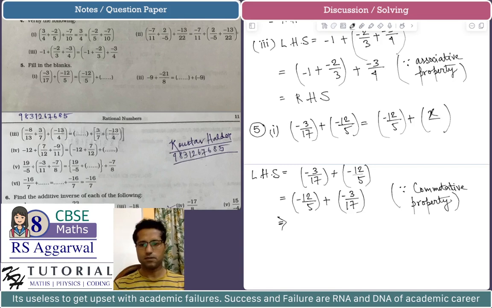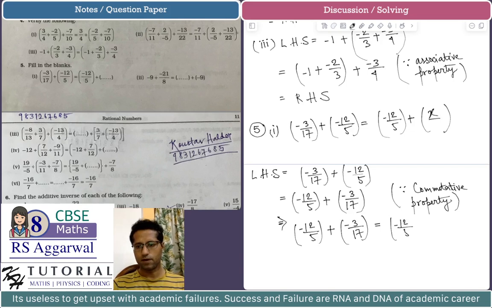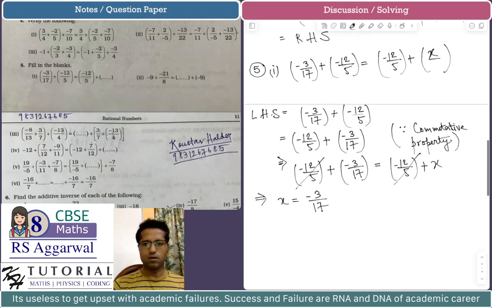So this implies that minus 12 by 5 plus minus 3 by 17 that we have derived from the LHS should be equal to the given RHS, that is minus 12 by 5 plus x. x is what we have assumed. Now this implies we can cancel out both these rational numbers and we get x equals minus 3 by 17. Now why did I cancel?